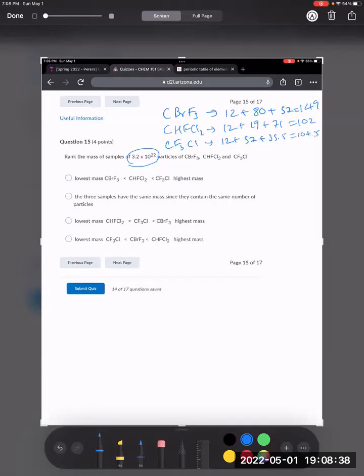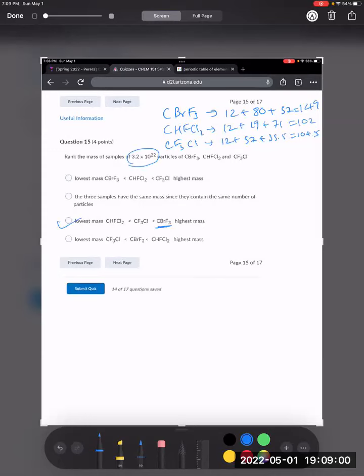Okay, so the heaviest is CBrF3, then CF3Cl, and the lowest mass is CHFCl2. The correct answer is option C.